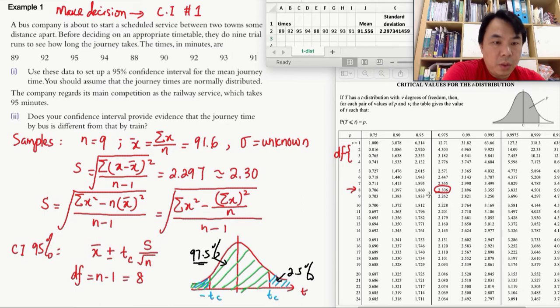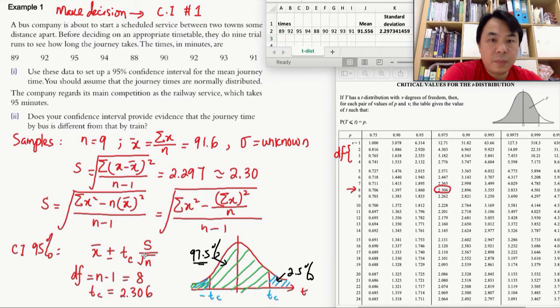I hope that is clear. Once we obtain this, we are going to write this one down here. Therefore, our critical value will be 2.306.